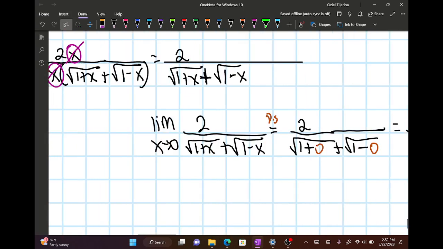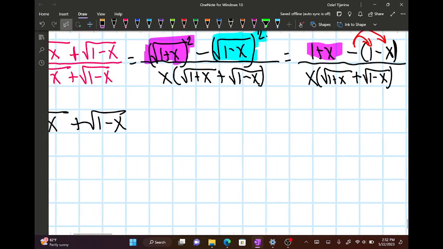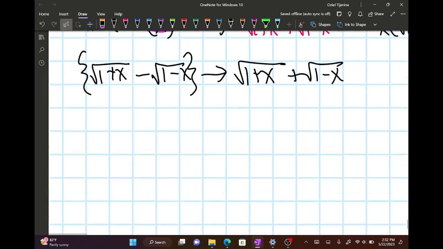I always like, when I do my limits, to write it as a full limit.